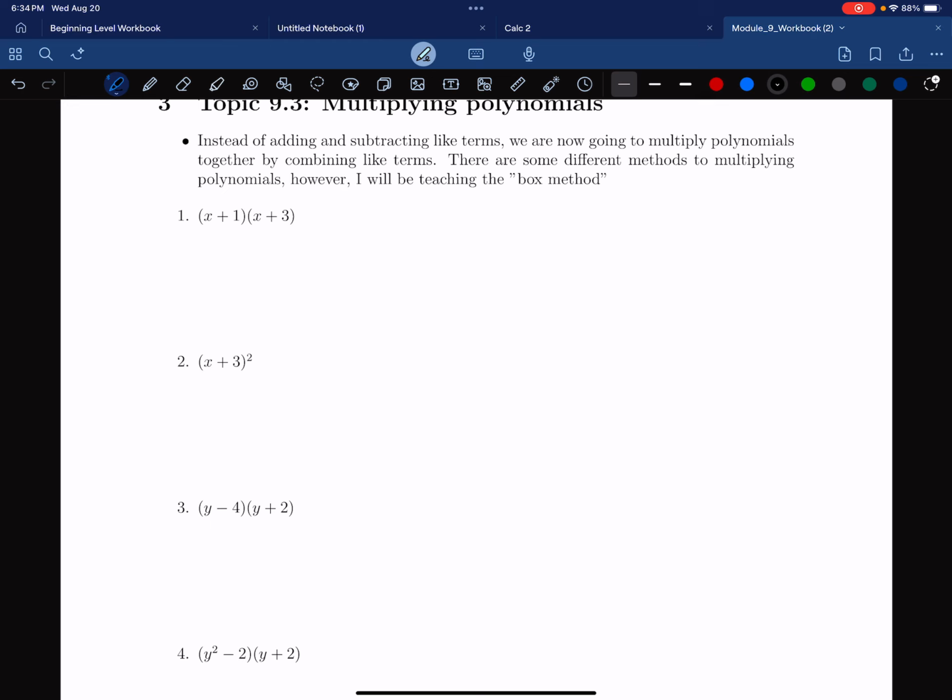Since these two binomials here don't have an addition sign in between them, that is indicating to us that we're multiplying those two binomials rather than adding them. So pay very close attention. If there's no operation, like if there's no addition or subtraction between two binomials or polynomials, that means that we are multiplying them. So without further ado, let's get started.